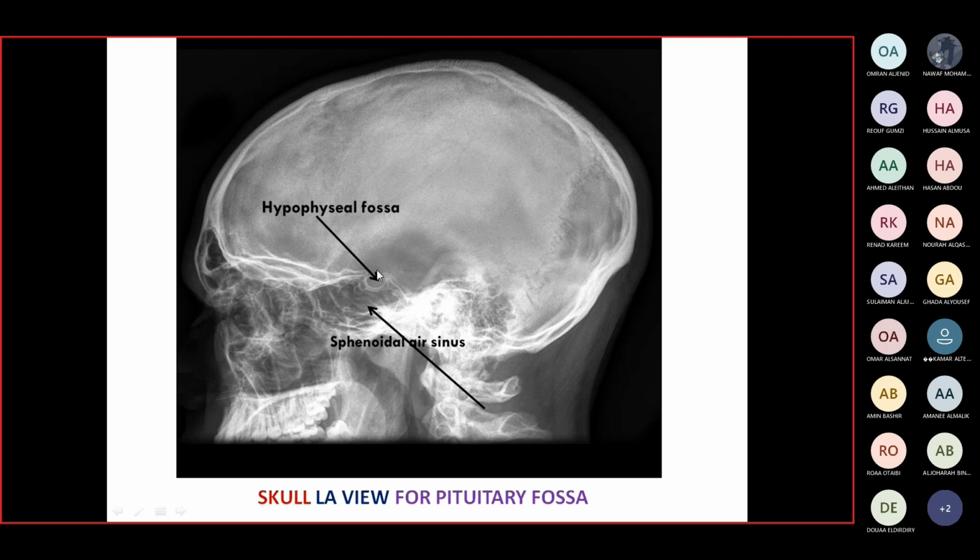You have to know the pituitary gland itself is not displayed on the plain X-ray, but you can see the sella turcica. When there is a tumor in the pituitary gland, this may cause enlargement of this fossa or increase the diameter, especially the AP diameter, and may also cause erosion of the sella turcica.